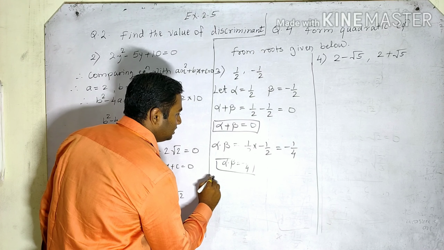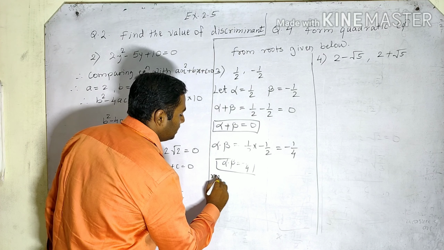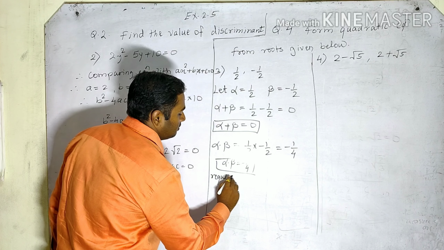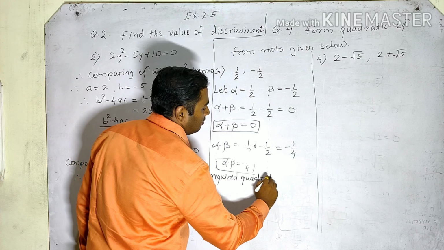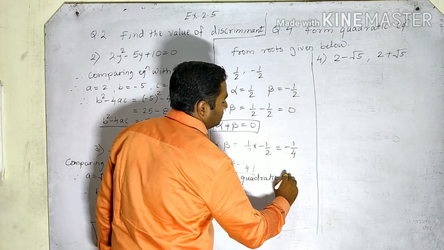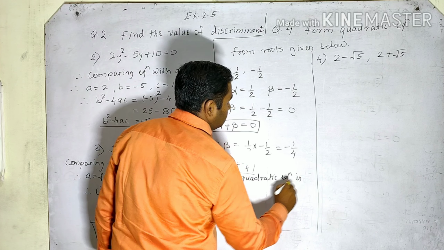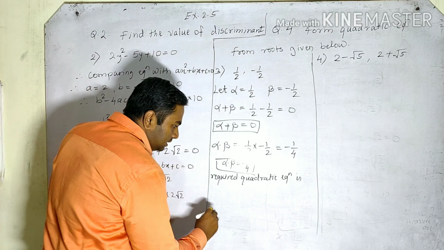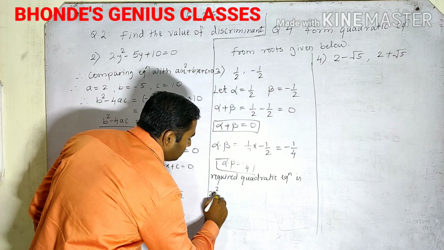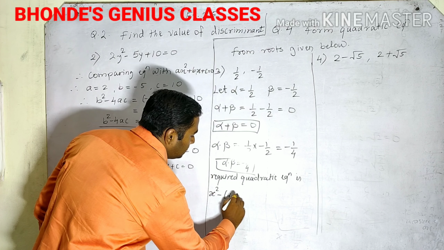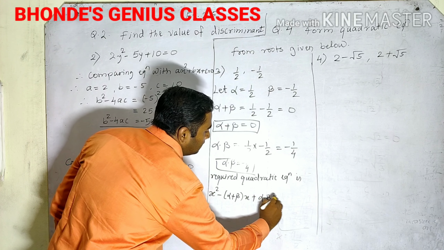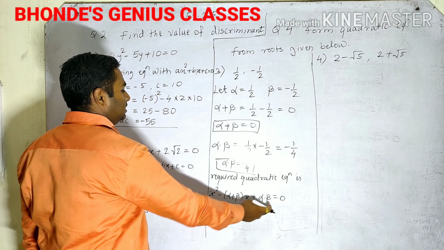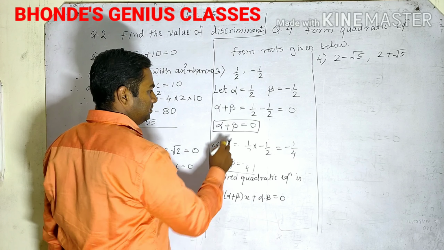Now what is the required quadratic equation? So required quadratic equation is x square minus (alpha plus beta) x plus alpha into beta is equal to 0. Now we have to put the alpha plus beta and alpha into beta's value.